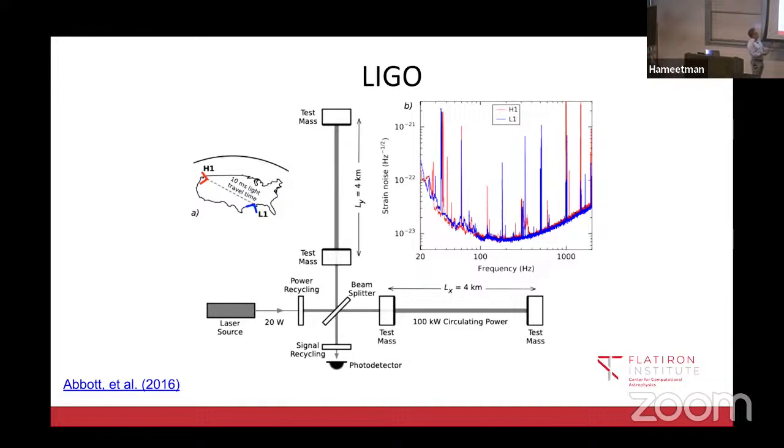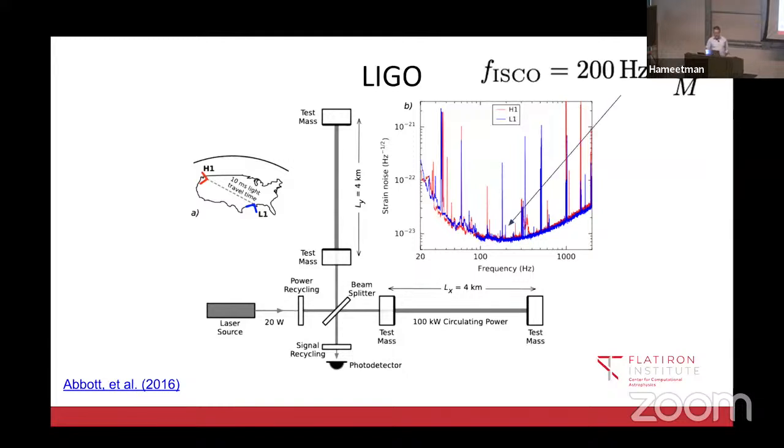If you just let the interferometer sit, you measure the fluctuating output here, convert it to a strain, so a fractional change in the length of the arms, and form a power spectrum, so how much variation is there at each frequency, you get a curve that looks like this. And so we're talking about sort of a strain noise, variation in the strain. The amplitude of that is 10^-23 per root hertz at 200 hertz. Okay, whatever. What does that mean?